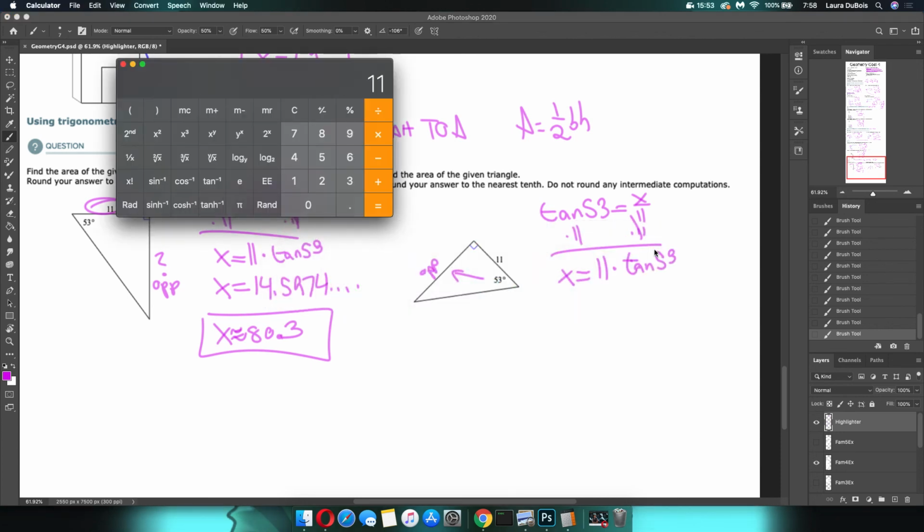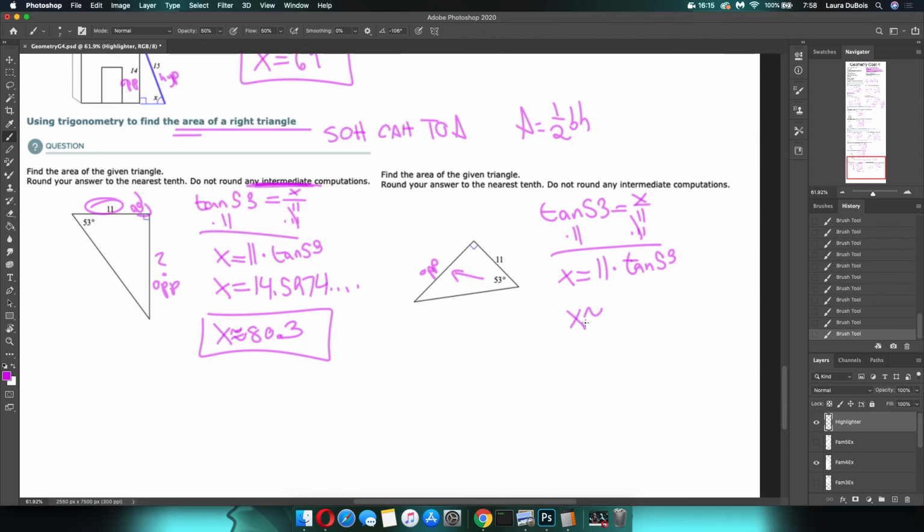Then I go straight into area, which is 1/2 times the base times the height. We just found the base, so times 11, divided by 2 equals 80.3 again. So x is approximately 80.3.